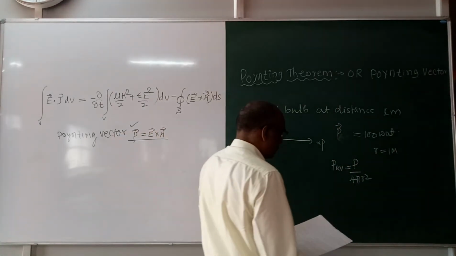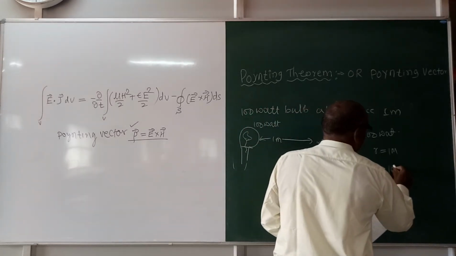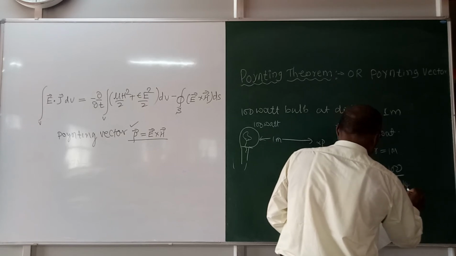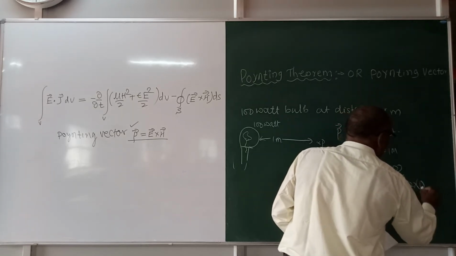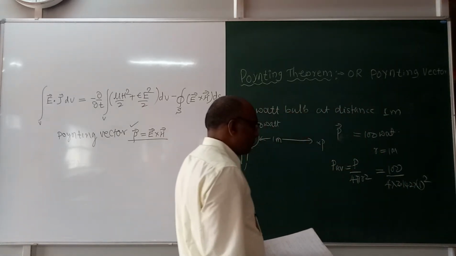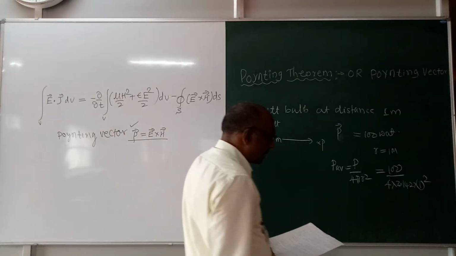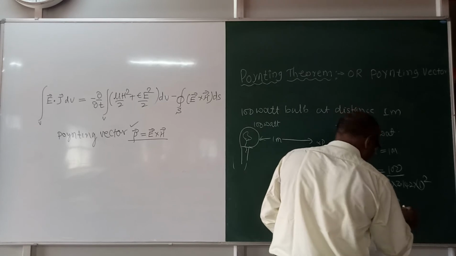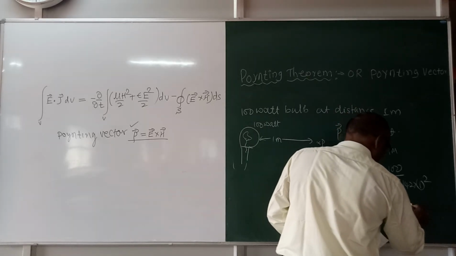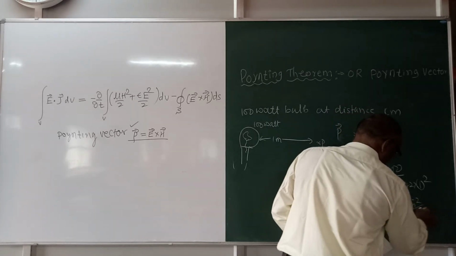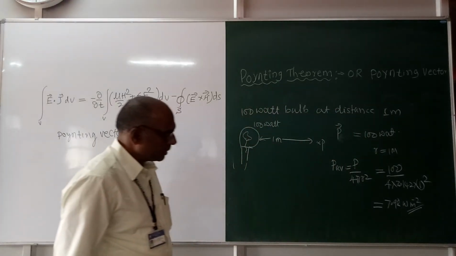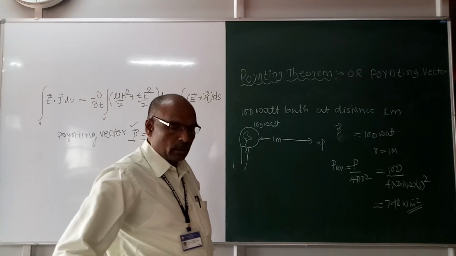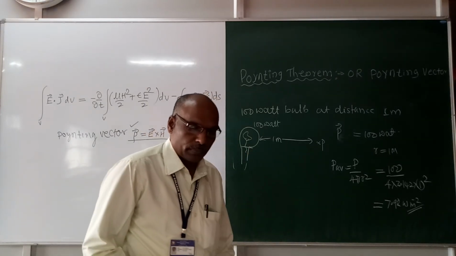If you simplify this, that is 100 divided by 4 into 3.142 into 1 square, this will be 7.98 watt per meter square. And this is how we have defined the Poynting vector, or a statement of Poynting theorem.